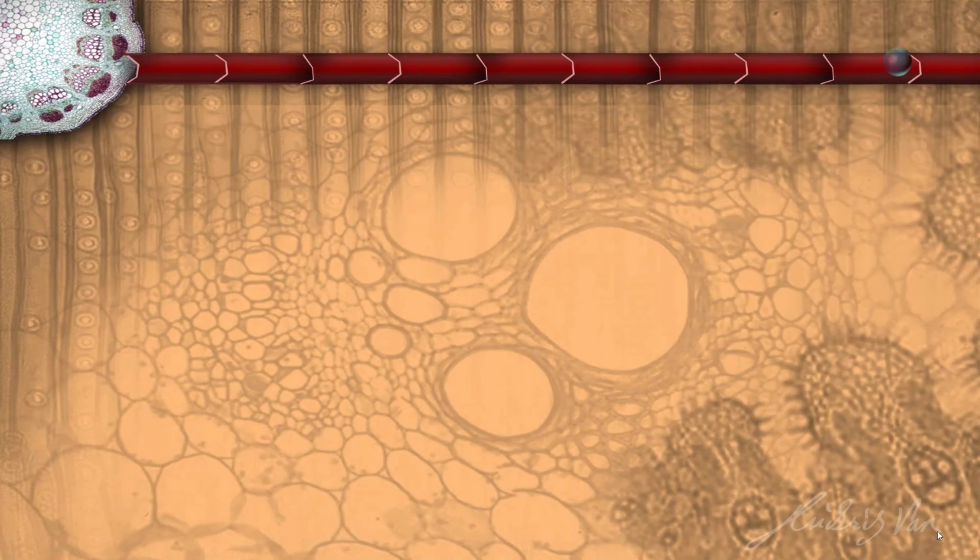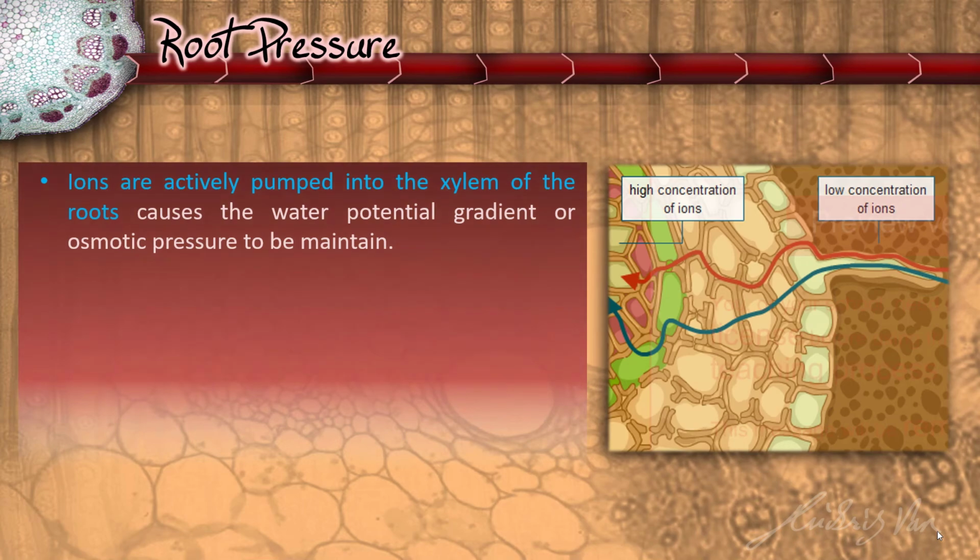Root pressure is very similar to how the root hair cell works, but instead, in the situation of root pressure, it is the xylem inside the root. So ions are also actively pumped into the xylem of the root, more so than the root hair cell, because it needs to create a lower water potential than the root hair cell to allow water molecules to travel towards the xylem.